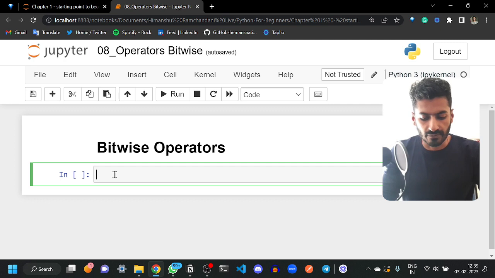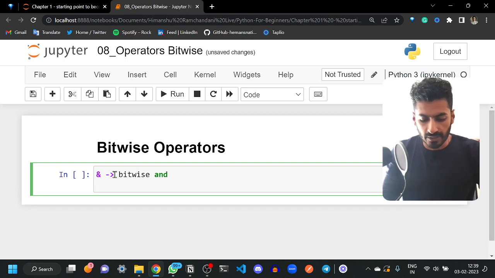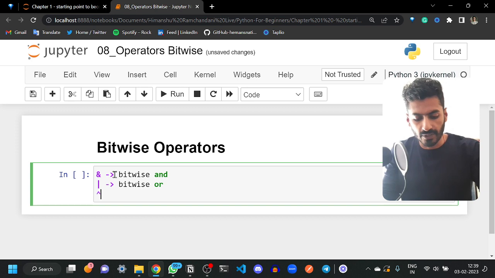Okay, so the first one is bitwise AND, you can call this bitwise AND operator. Another one is the OR operator, this is bitwise OR. Another one is the XOR operator, that is bitwise XOR.